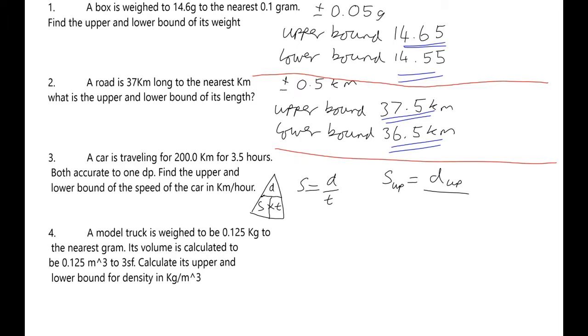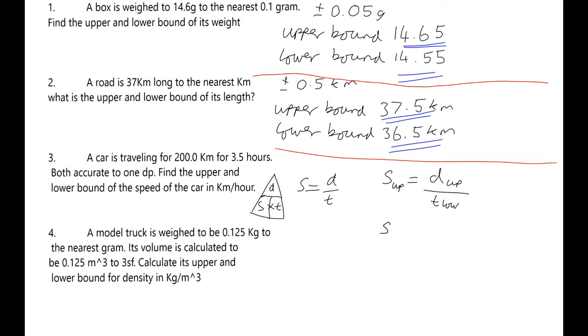Let's do 12 divided by 4. 12 divided by 4 is 3. If we decrease t to 3, 12 divided by 3 is 4. So if you want s to be big, you want t to be small. Therefore, we're going to want t lower bound. Okay, and that's how we're going to work out our upper bound for speed.